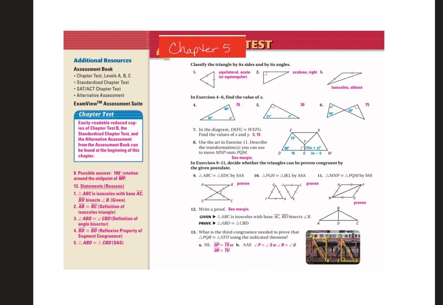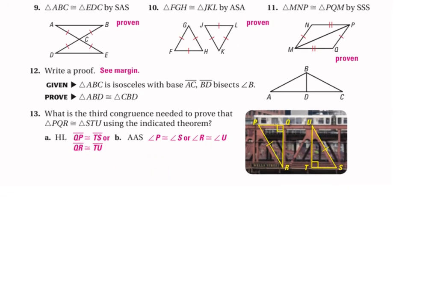If you want to find a certain side length or a certain angle, and you can prove the triangles are congruent, then the next step would be CPCTC. So, quick proof. If instead of 12 ending there, it went to, ABC is isosceles. Let's say I wanted to get that angle ABD equals angle CBD.